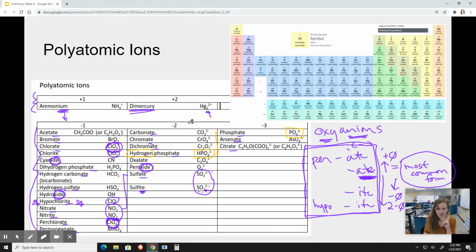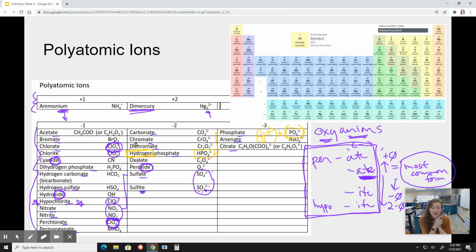And because they've attached a hydrogen, which is an H plus charge, it's dropped the polyatomic charge. So PO4 3 minus took on an H plus and became HPO4 2 minus. That's what adding this hydrogen prefix means.